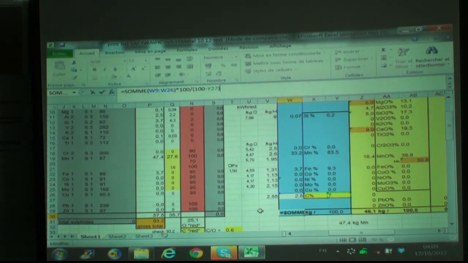I give another example, a simplified example. I have produced 50 kilo manganese in my metal.